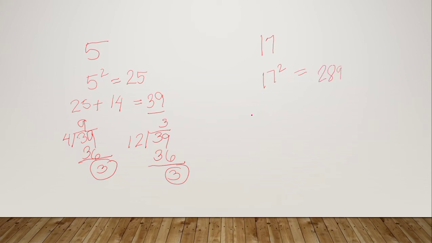The next step is to add 14. So 289 plus 14 is equal to 303. Then 303 will be divided by 4.